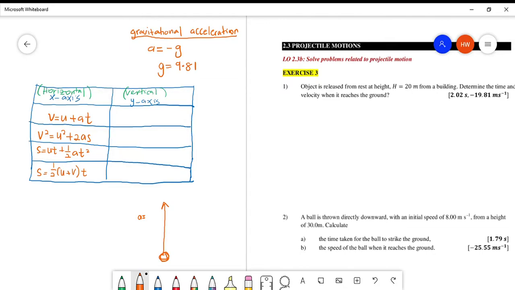So velocity dia decrease, so bila velocity decrease, acceleration kita kata negatif lah. Walaupun going upward, disebabkan velocity decreasing, kita kata dia decelerate. That's why acceleration dia akan sama dengan negative 9.81.